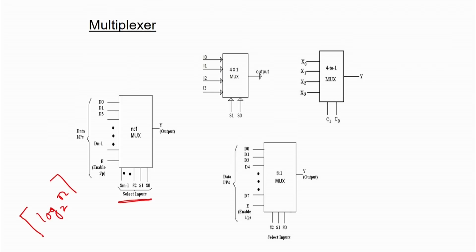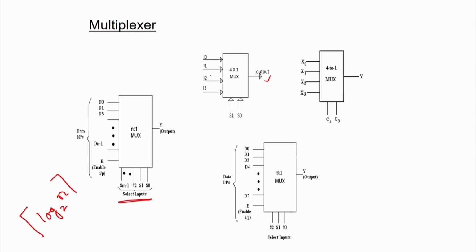Now, we will see these things with a small example. Say I am talking about a 4 by 1 mux. Now, we are having 4 input lines I 0, I 1, I 2 and I 3. Depending on my requirement, we are going to take only one of these input signals and put it into the output line, masking the other signals.